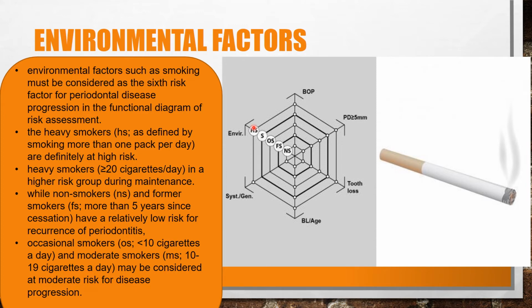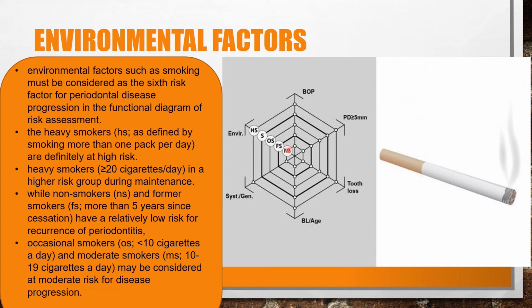An occasional smoker smokes less than 10 cigarettes per day, and moderate is 10 to 19. A former smoker is one who has stopped smoking for more than 5 years, having a low risk category, and a non-smoker is one who has never smoked.